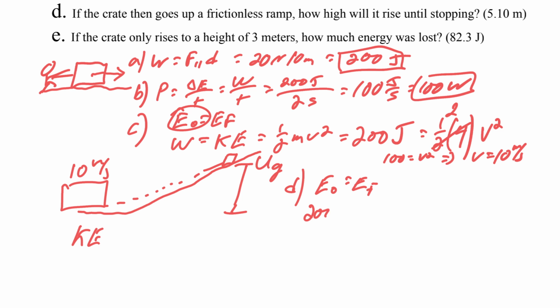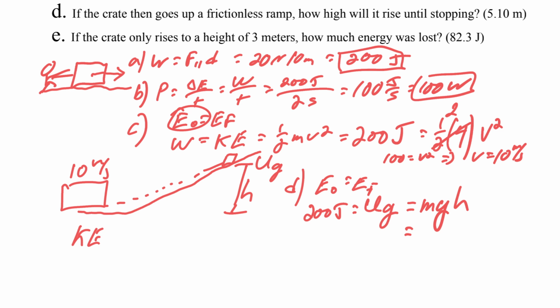That was 200 joules. And our final energy is turning into gravitational potential energy. We're trying to figure out how high it's going to go before it stops. So we'll just use our equation mgh.